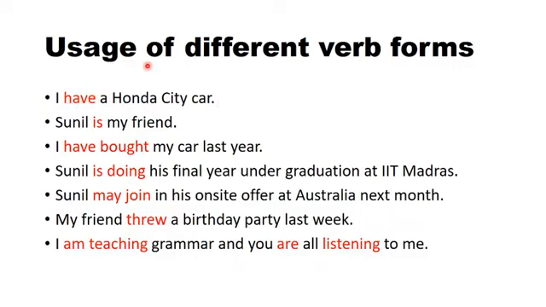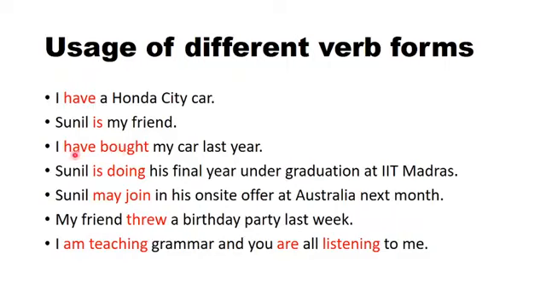It's a have verb. Second is a be form verb. In both these sentences, as I told you in the beginning, in the types of verbs, have verb and be form verb can function as a main verb as well as an auxiliary verb. In these two sentences, can you tell me whether it is a main verb or an auxiliary verb? Yeah, it's a main verb. Have a Honda City car. Sunil is my friend.